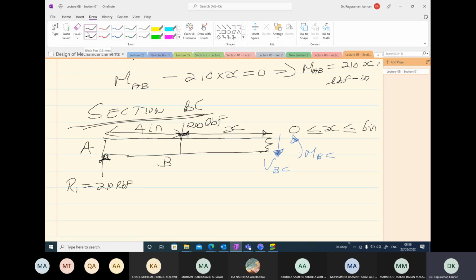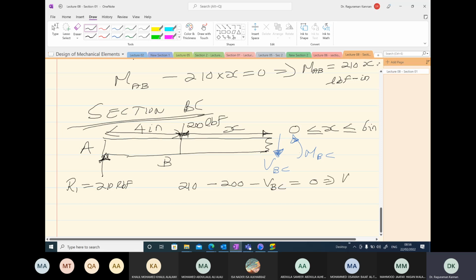Sigma Fy gives you 210 positive minus 200 negative, and then minus VBC must be equal to 0. Directly gives you VBC is equal to 10 pound force positive.